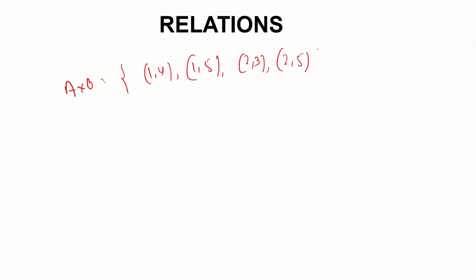So say for example, if we are having A cross B as (1, 4), (1, 5), (2, 3) and (2, 5), then a relation can be defined as (1, 4) and (2, 3). Any number of elements of your choice will be called a relation. So a relation is any subset of a Cartesian product. That is the definition of a relation.